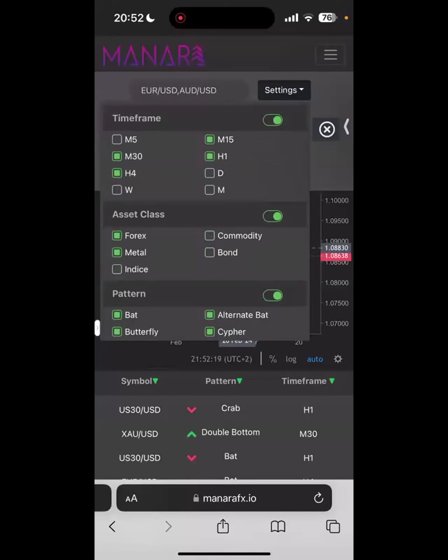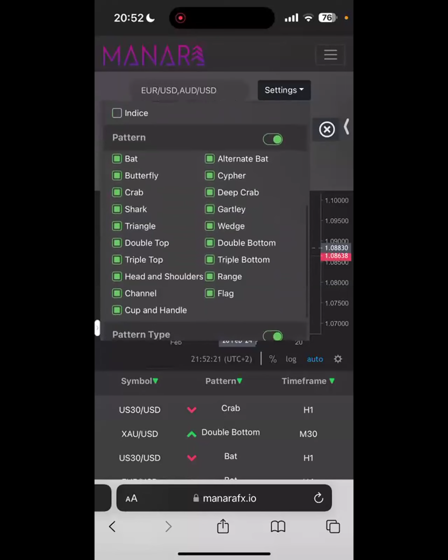Pattern type, scroll. So pattern type, bat and butterfly has the highest percentage of win ratio, but we have a technique in the group that allows us to choose bat and gartley. So just in case you attend trainings and they say bat and butterfly, feel free to tweak your setup.